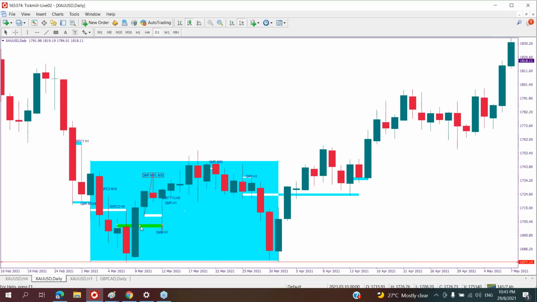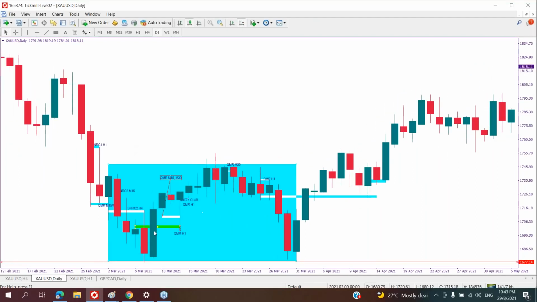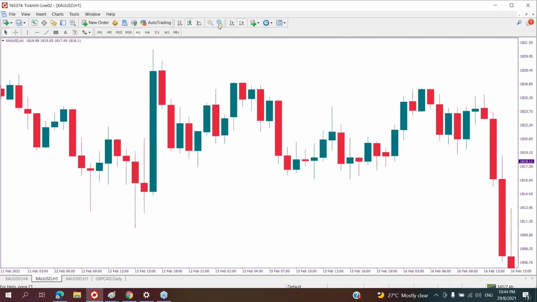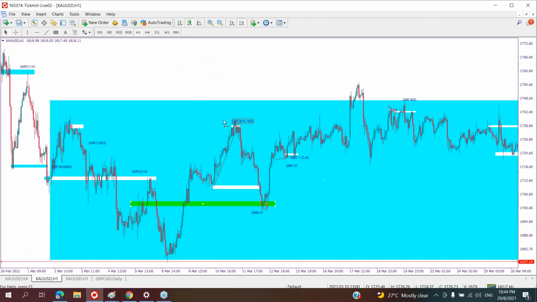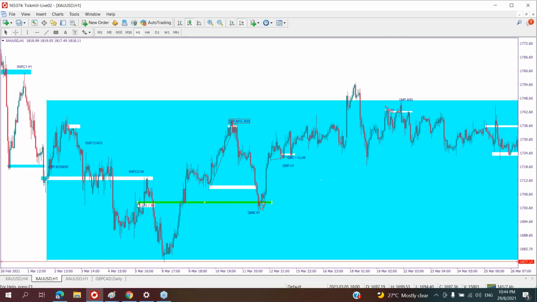This is very compulsory if you want to enter QMM. If you don't find it, don't enter, or if you still want to enter, do it with a small lot only. But if you want to enter full margin, you have to make sure the higher time frame makes a bullish engulfing. This is really mandatory in QMM.